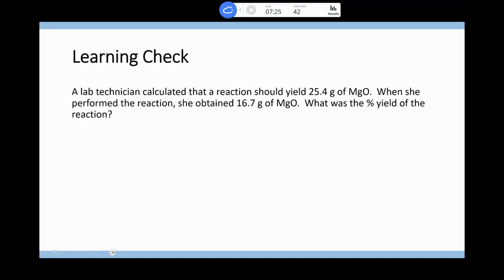So we'll do one example question here. A lab technician calculated that a reaction should yield 25.4 grams of magnesium oxide. This is the calculated maximum amount that could be produced. So this is the theoretical yield.